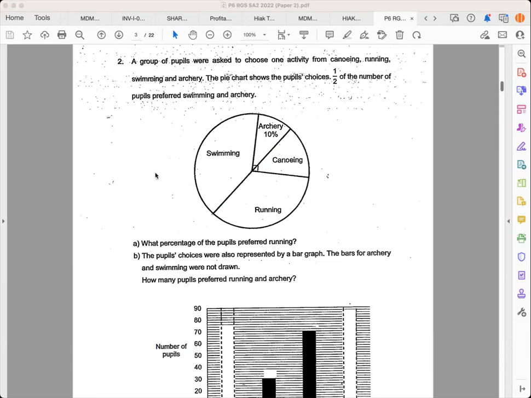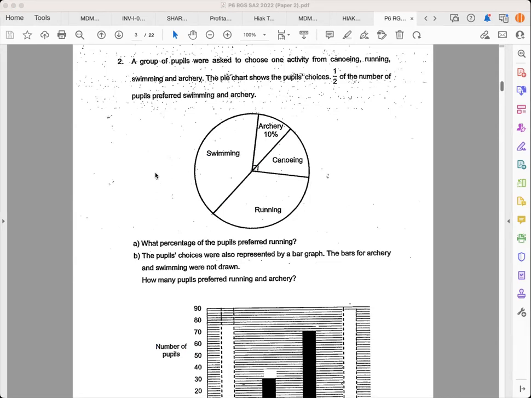Okay, a group of pupils were asked to choose one activity from canoeing, running, swimming, and archery. The pie chart shows the pupils' choice. Half of the number of pupils preferred swimming and archery.